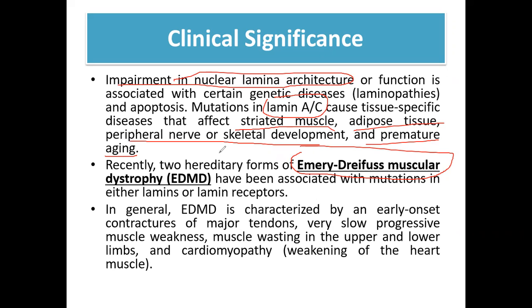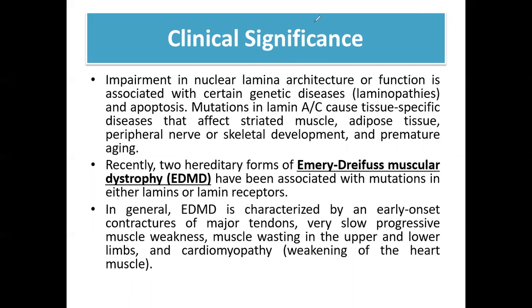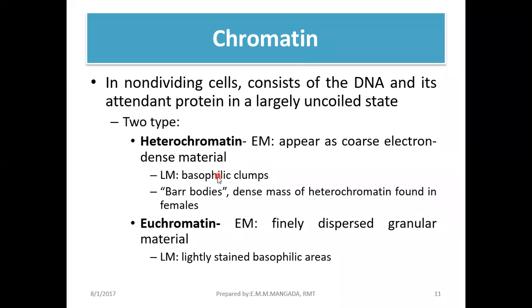So, it plays a vital role kapag nagkakaroon tayo ng restructure and reformation ng nucleus natin. But because of mutation, it leads to abnormalities dun sa ating pasyente, lalong-lalo na dun sa kanyang striated muscle, adipose tissue, or in skeletal development. Okay? So, you have seen the picture of a patient with Emery-Dreifuss muscular dystrophy.